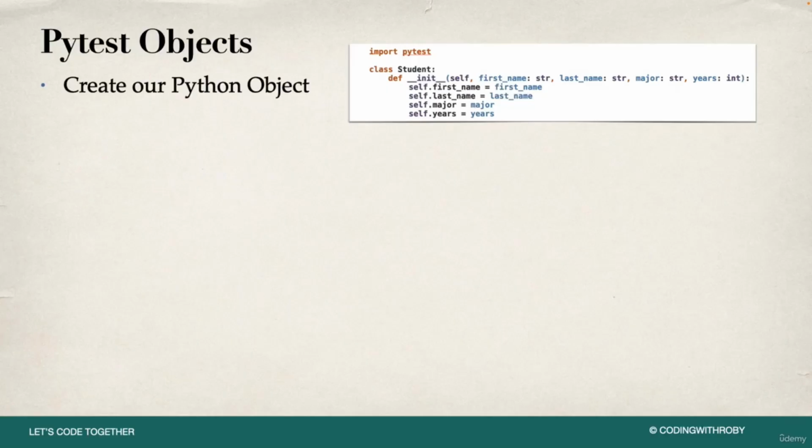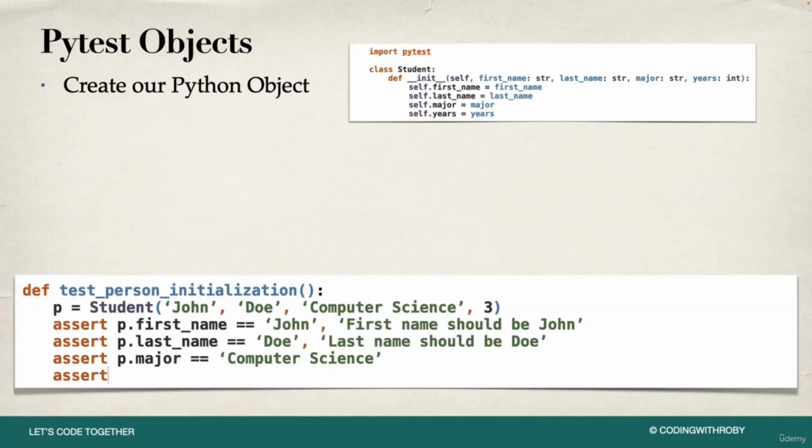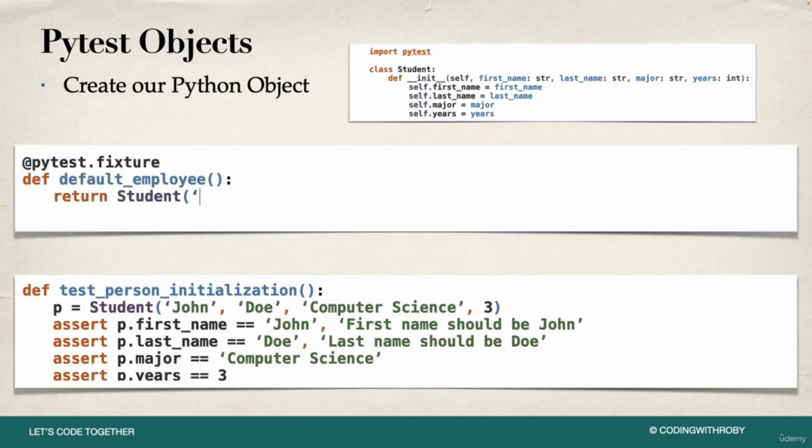So we can create our Python object the old way, which is def test person initialization, where we create the object right there called P, and then we test everything. Or we can use something called a fixture, where we can say @pytest.fixture def default employee, which returns a student of John Doe, Computer Science, and 3.